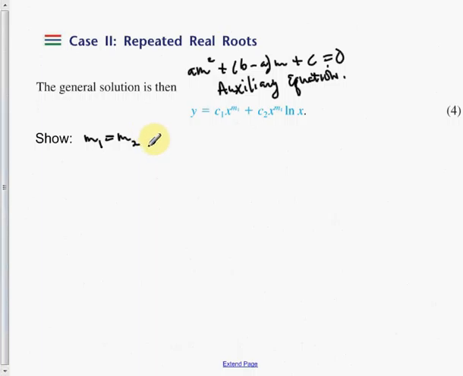So y sub 1 we know is x to the m, I'm just going to say m instead of m sub 1. We know that. We find the second solution by the formula.